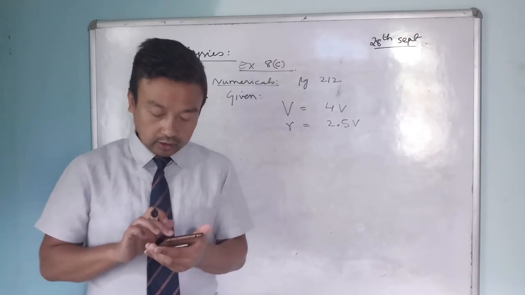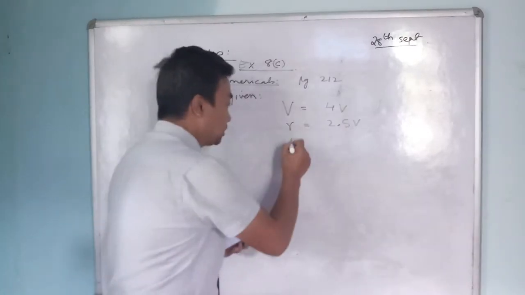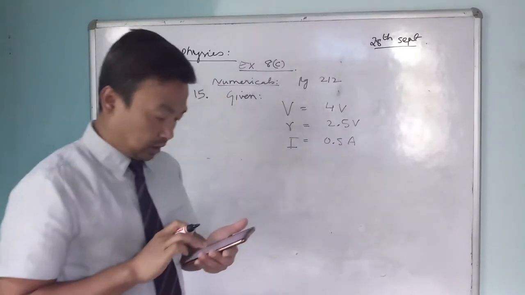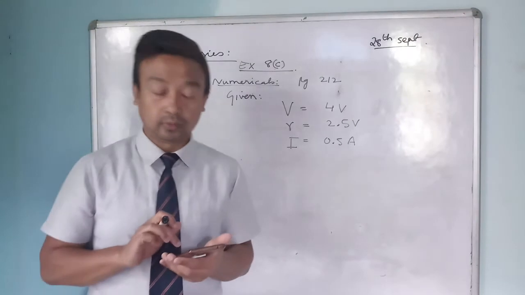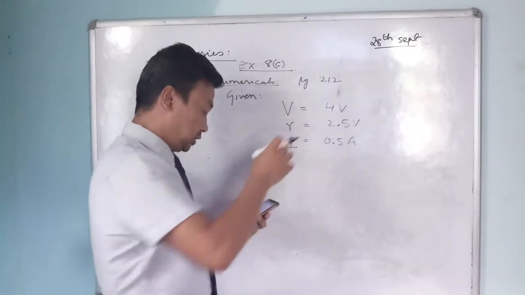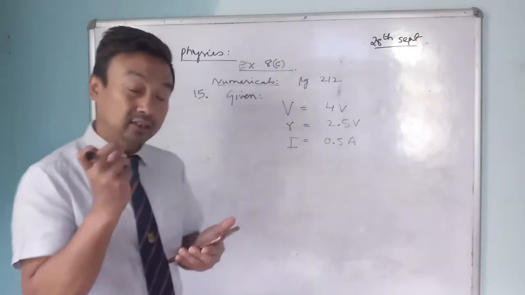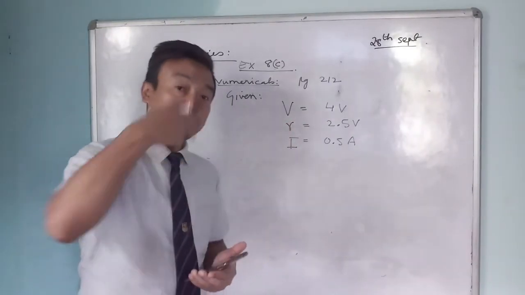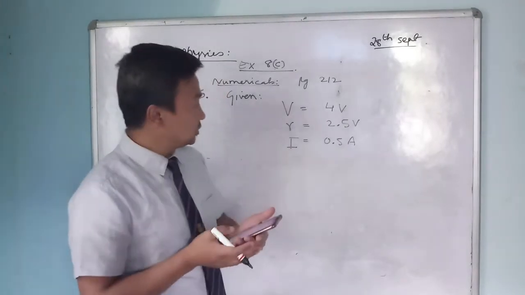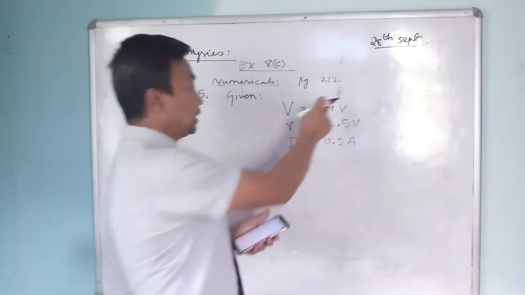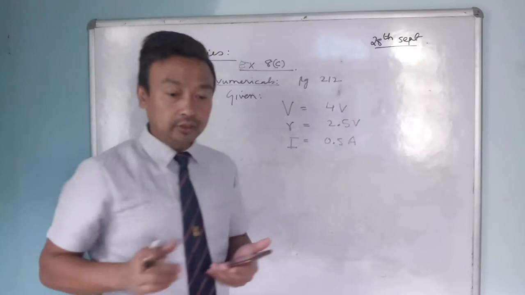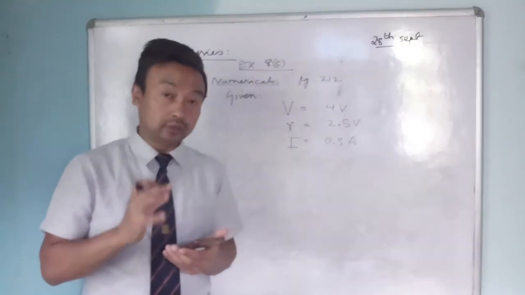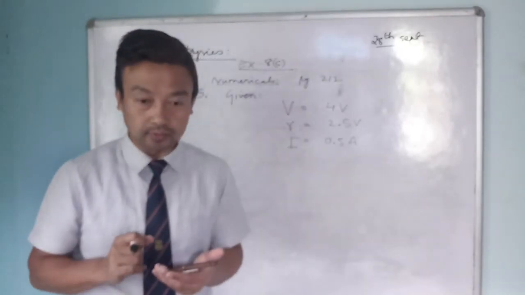A steady current of 0.5 ampere flows through the circuit. In that circuit there is a cell with an internal resistance given by small r, and a steady current of 0.5 ampere is flowing. And this potential difference is the EMF of the cell.